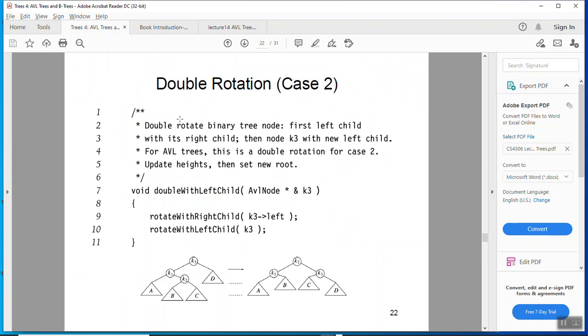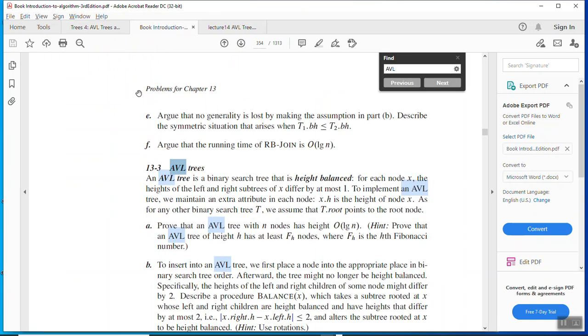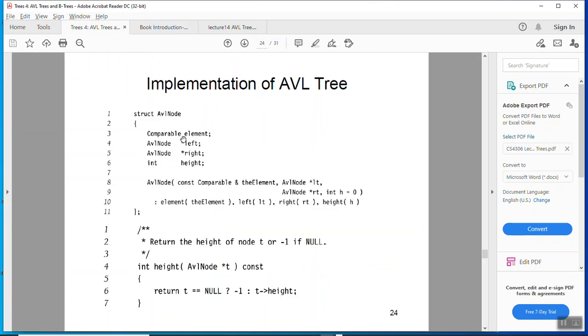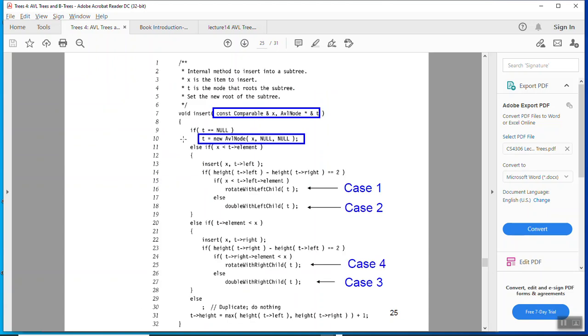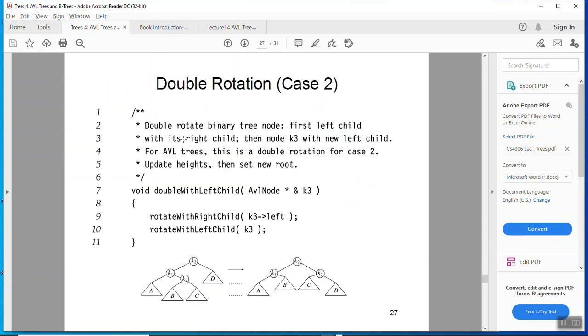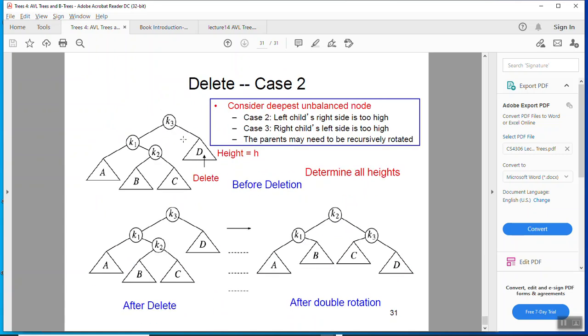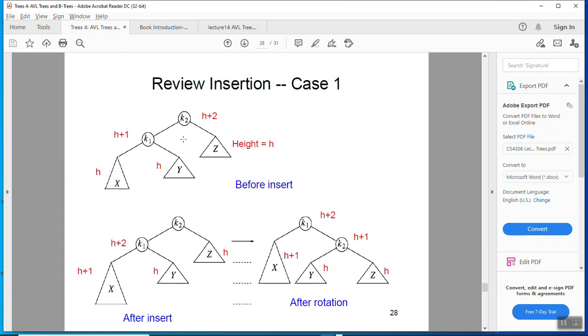Again I'm telling you that in this course we are analyzing the algorithm, not implementing an algorithm and a data structure. There is code available, so you can get code for implementing an AVL tree, but that is not part of this course.